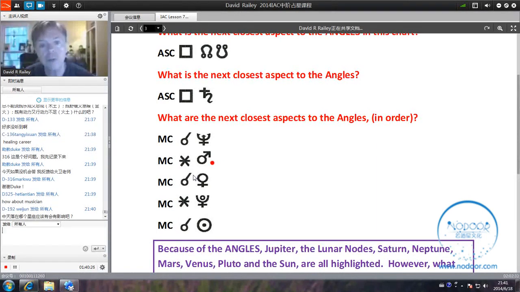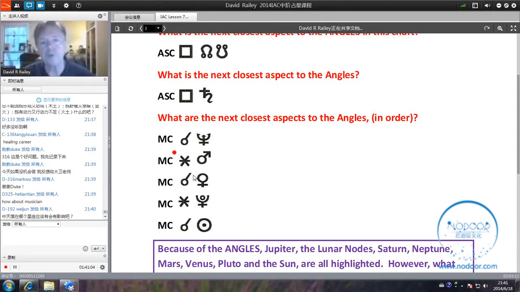Sometimes when Mars makes an aspect to the midheaven, it can mean that you like to do your own thing when it comes to career. Sometimes, not always, this can relate to self-employment.